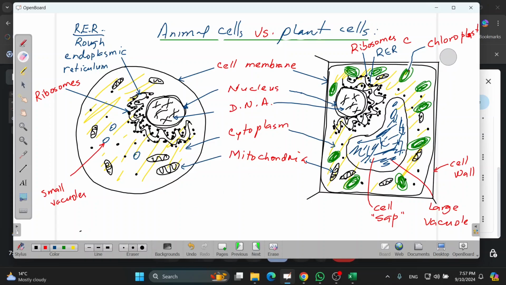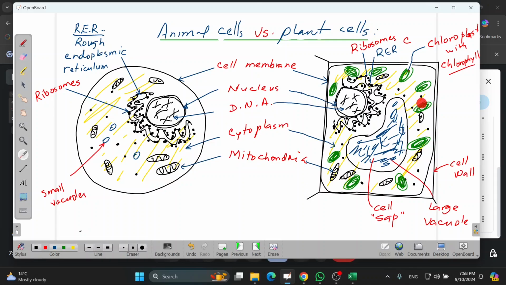So chloroplasts, maybe we can indicate here with chlorophyll. These are very, very important structures in plant cells. You know why, guys?